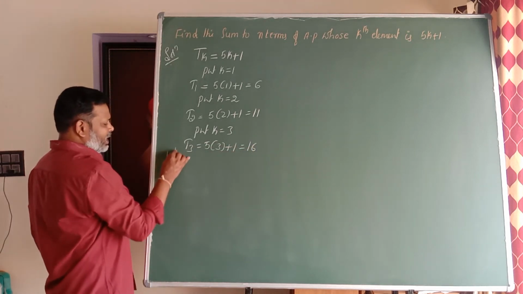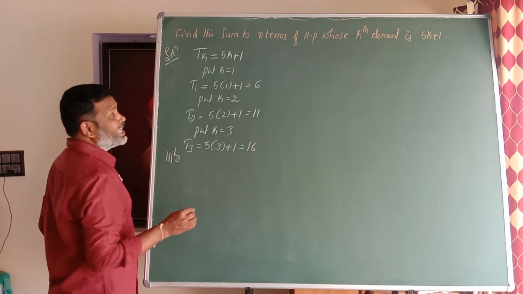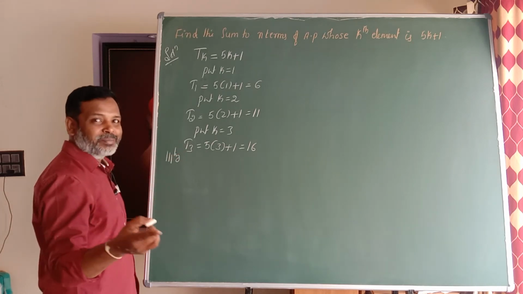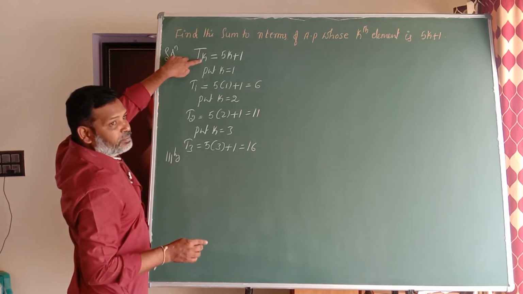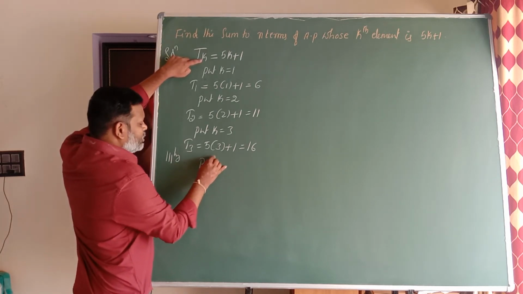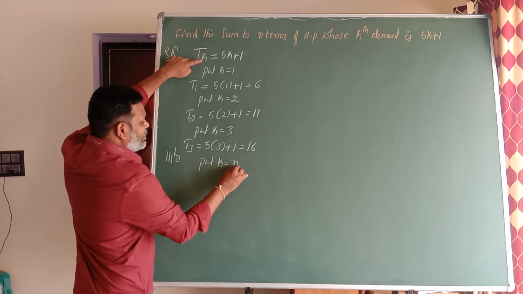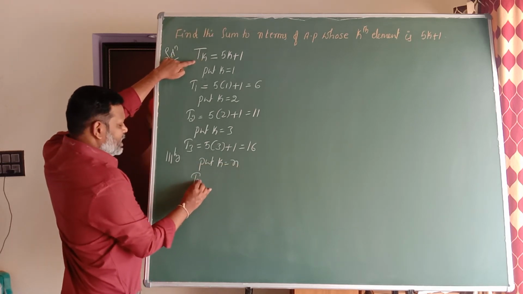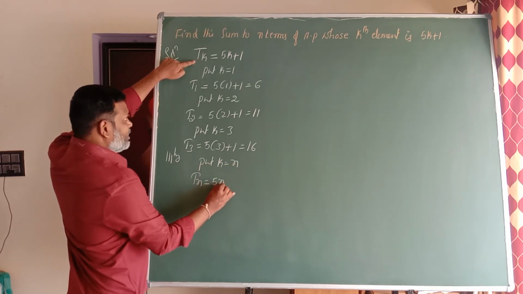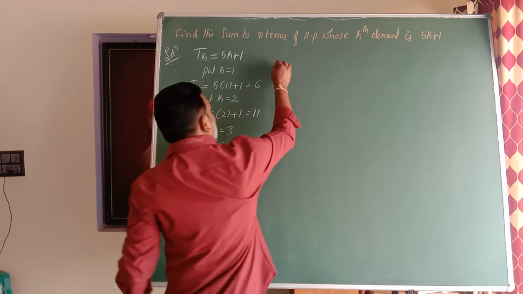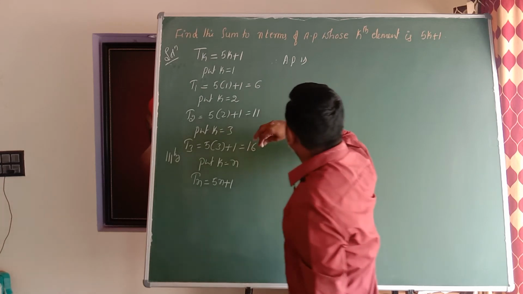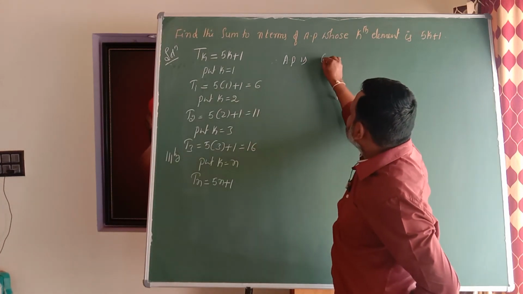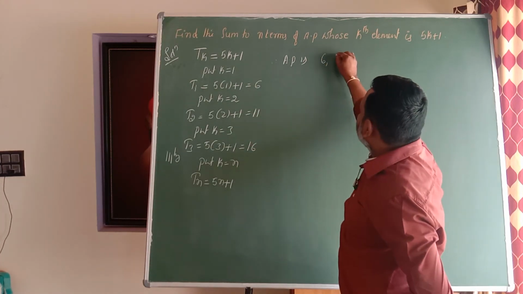Similarly, we have to find the nth term, or nothing but the last term. What is the last term? It is nothing but Tn. So put k is equal to n. Tn is equal to 5n plus 1. Therefore, this is an AP, an arithmetic progression. What is the first term? 6. The second term? 11.